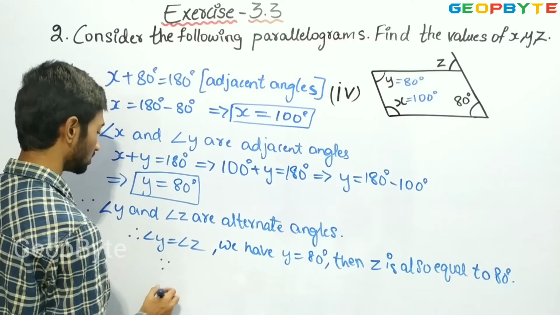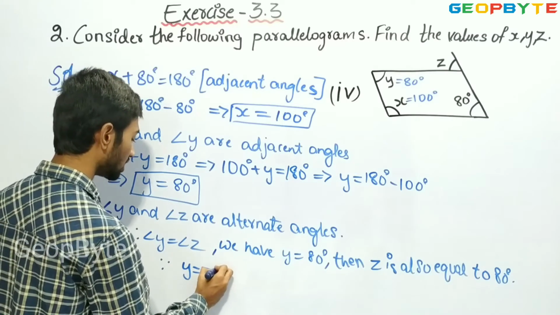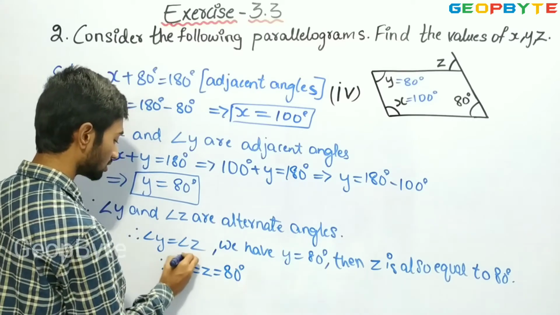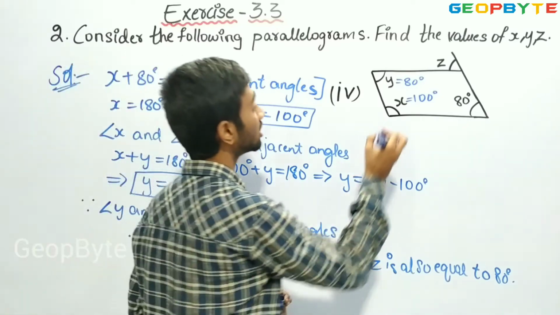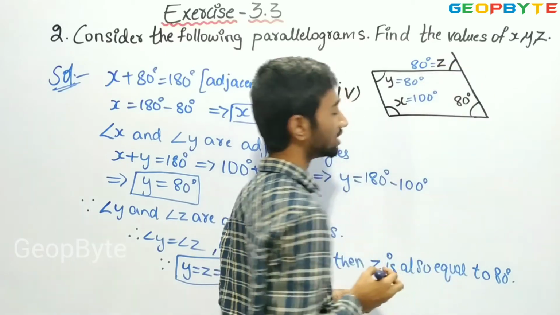Therefore, y is equal to z equal to 80 degrees. So z is also equal to 80 degrees.